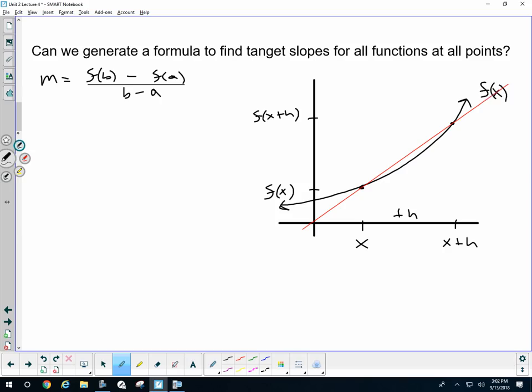All right, well, I'm going to take x and f of x and replace it with a and f of a. And I'm going to take x plus h and f of x plus h and replace the b's.